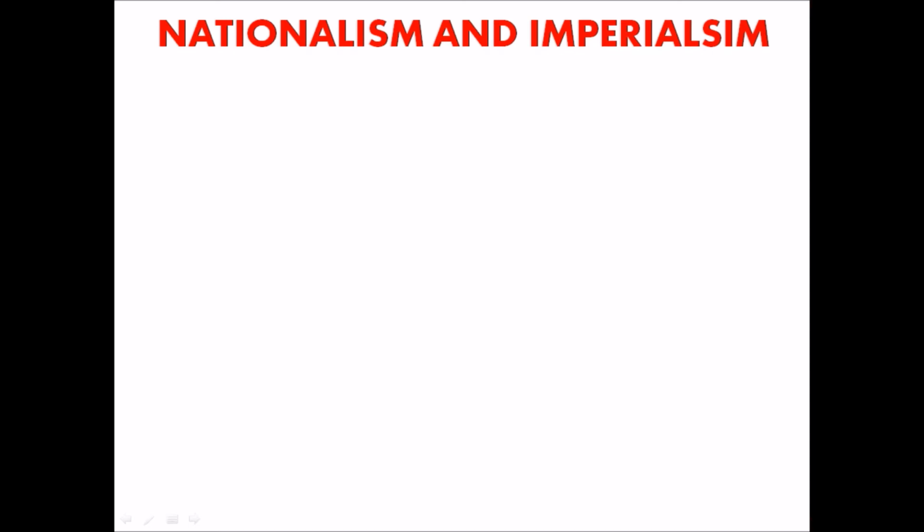Well, yes, after becoming nation states, the countries began to extend their boundaries in order to increase their power and influence over other regions of the world. This led to the birth of imperialism. So, what is imperialism? This we will study next under the heading Nationalism and Imperialism.